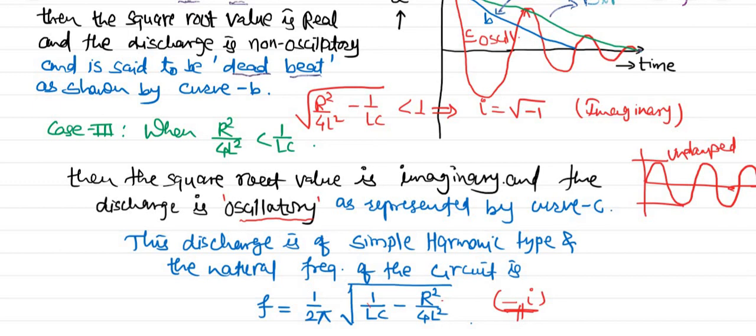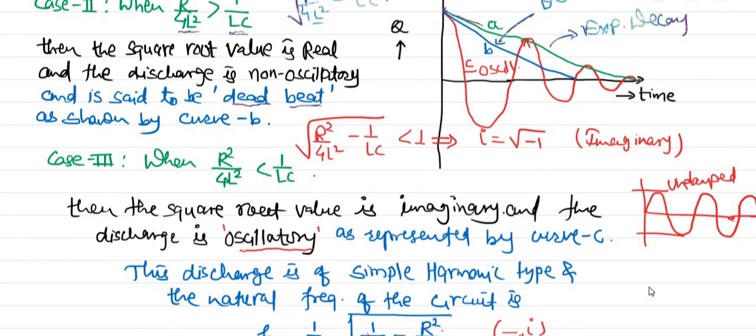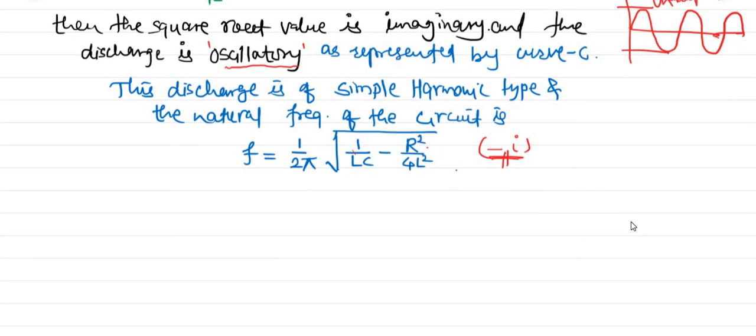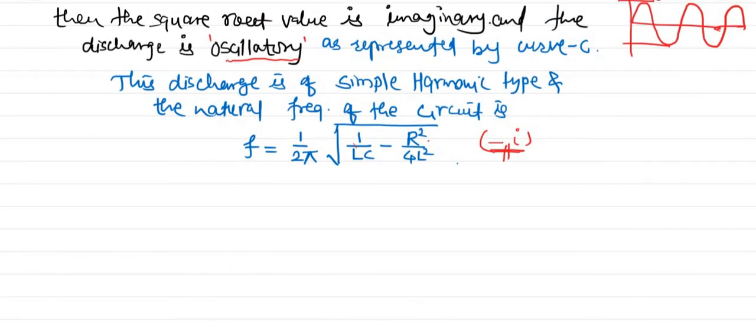The second is R square by 4L square greater than 1 by LC, and the last is R square by 4L square less than 1 by LC. From these three conditions we got three different results, and we have plotted them on a graph between time on the x-axis and charge q on the y-axis. So this is all about our damped simple harmonic motion.